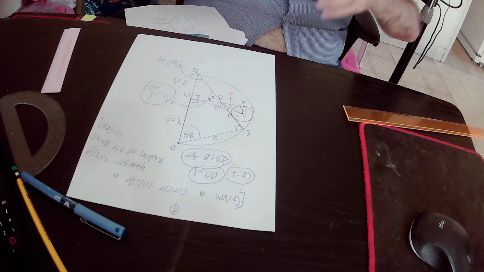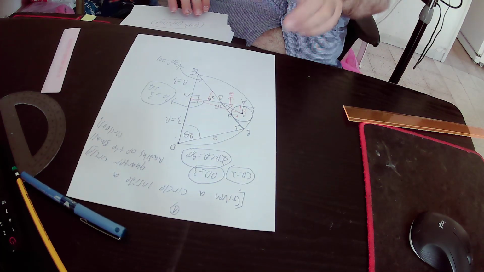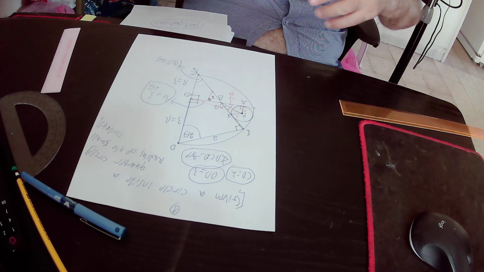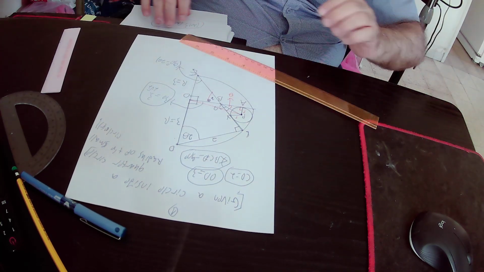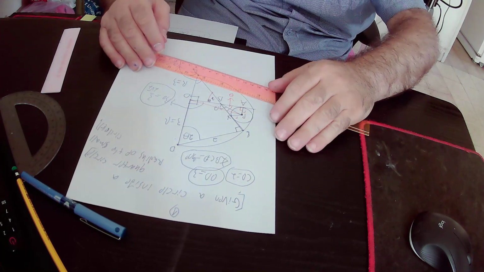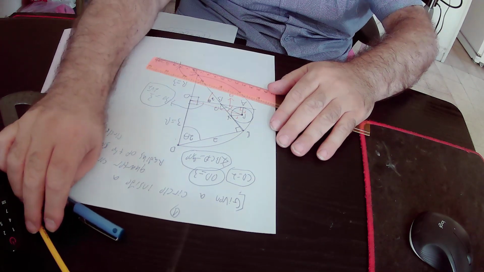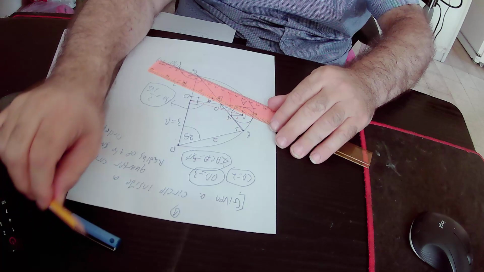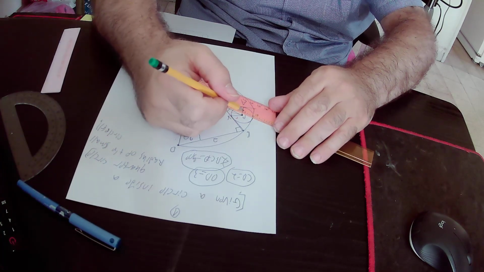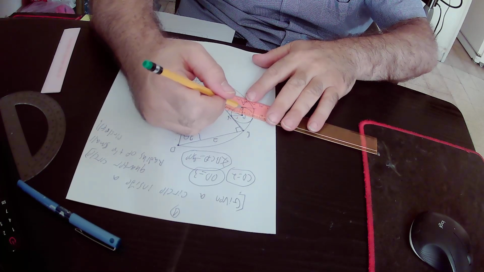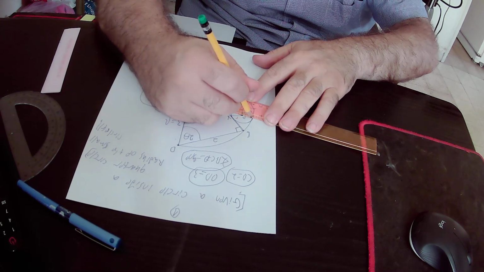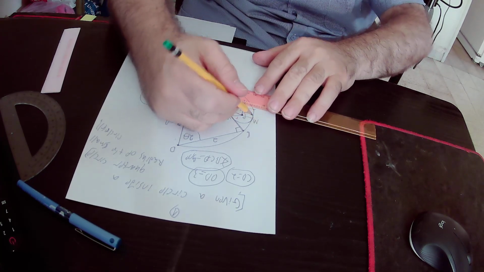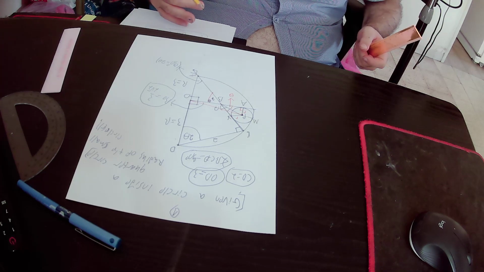And in the next step we will extend the hypotenuse of triangle APO, so we will extend PO until it touches the small circle and also the semicircle at point M. Actually, point M is the point where the small circle and the semicircle touch each other.